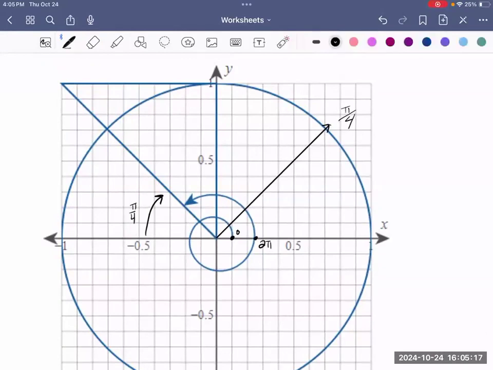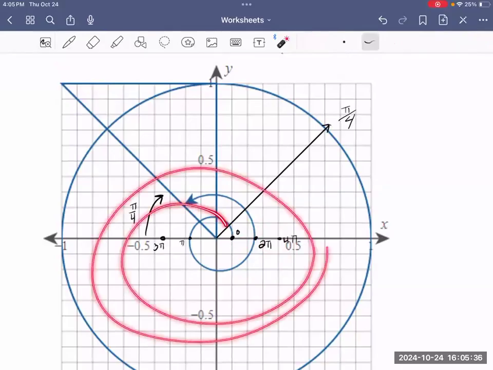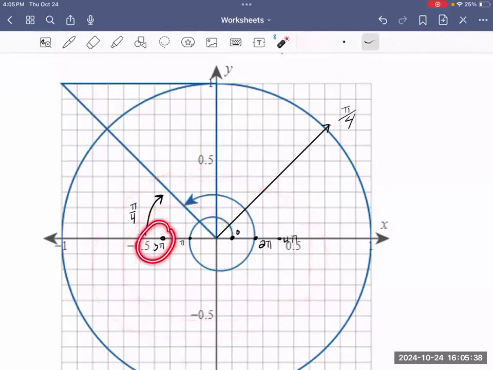So if we're using something kind of easy like 0, this one would have been pi. This is 2 pi. That means that this next one, if we did another full rotation, would be 3 pi and then 4 pi. And we could keep going around your unit circle. But notice how we haven't got to this 3 pi.